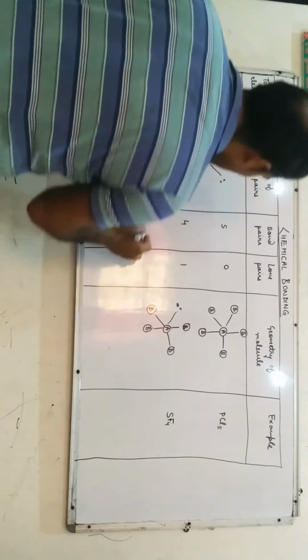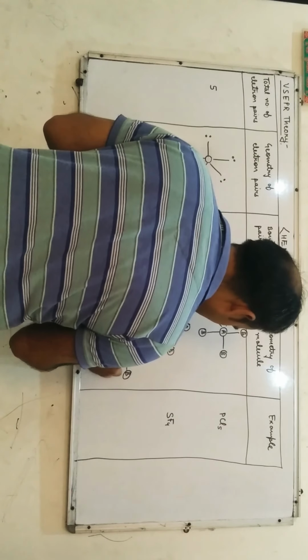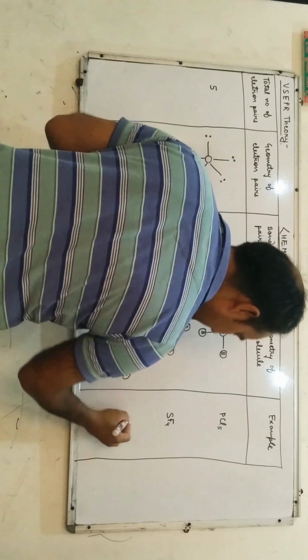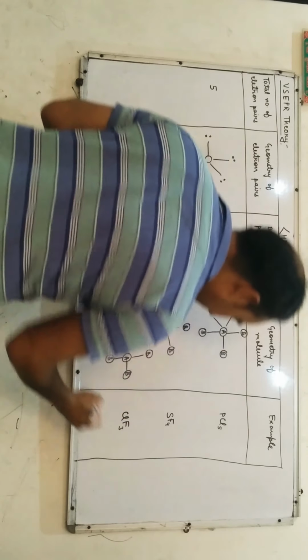Suppose the bond pair is 3, lone pair is 2, then shape will be T shape. Example is ClF3.